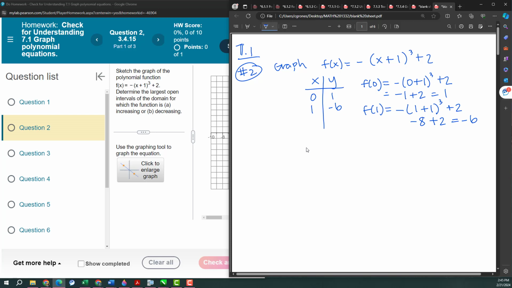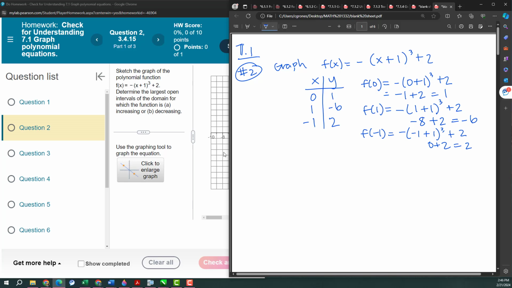Okay. Let's look at x equals negative 1. So f of negative 1 gives us negative, and then we've got negative 1 plus 1 cubed plus 2. So I've got 0 cubed is 0, plus 2 gives us a positive 2.